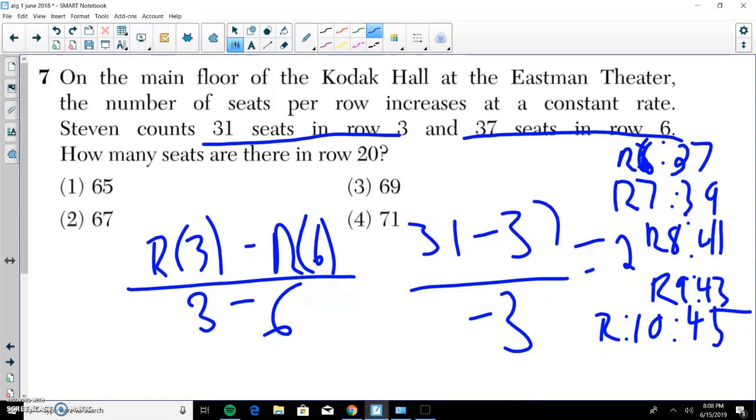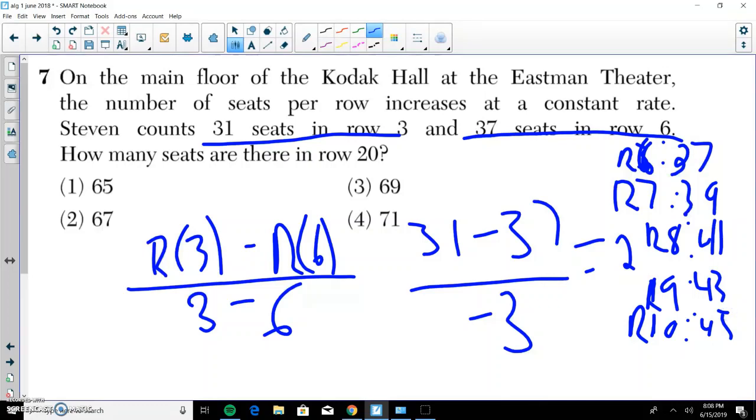So we know that row 10 is 45. Actually, we can't just add another 45 to that, that's wrong. So, hold on. Row 9 is 43, row 10 is 45. Sorry about that.